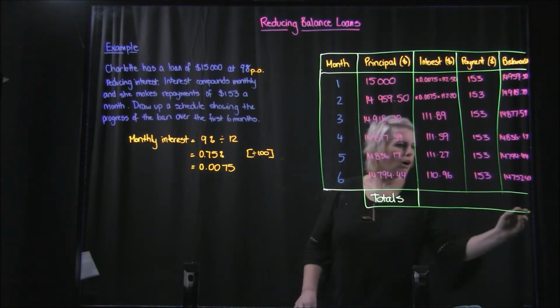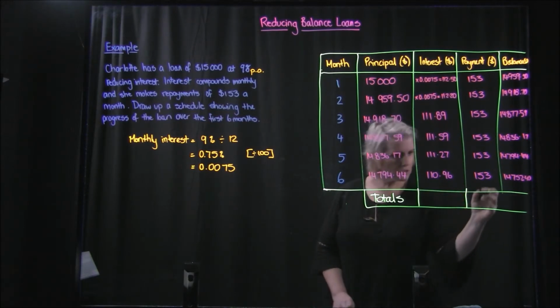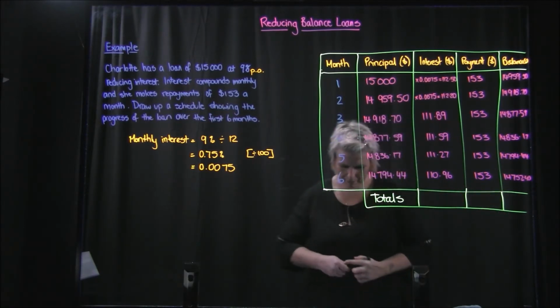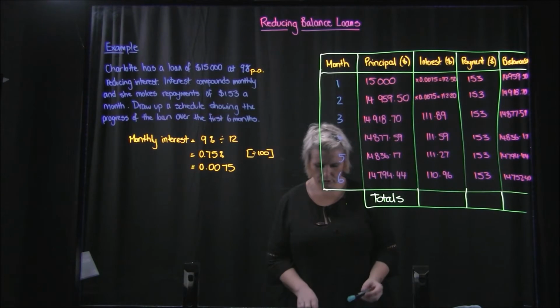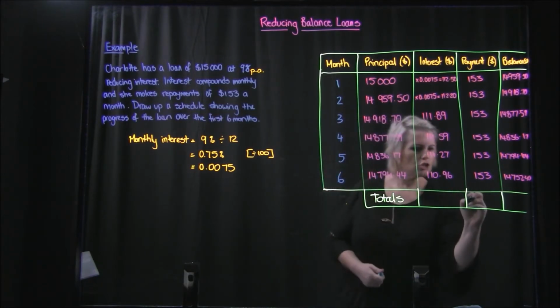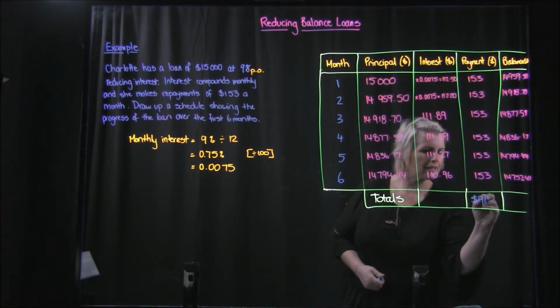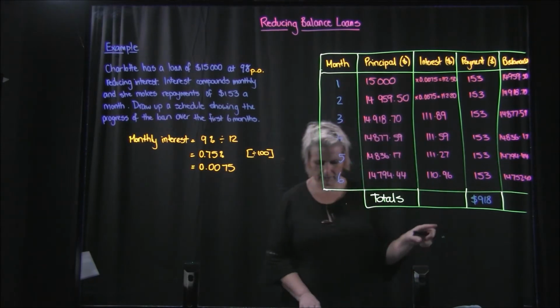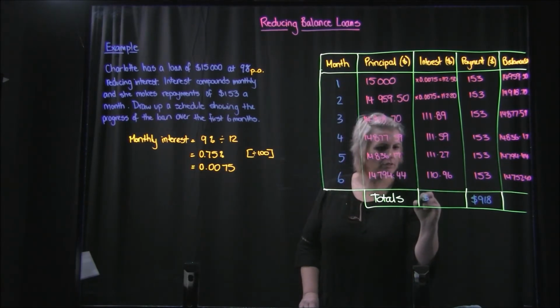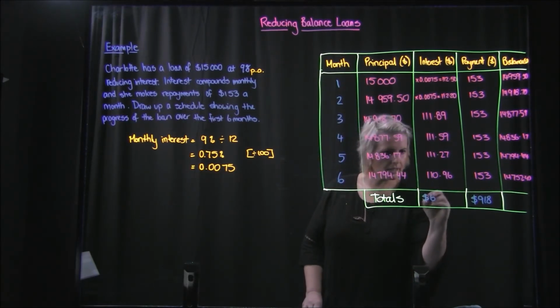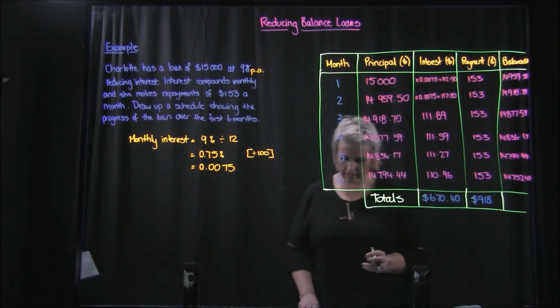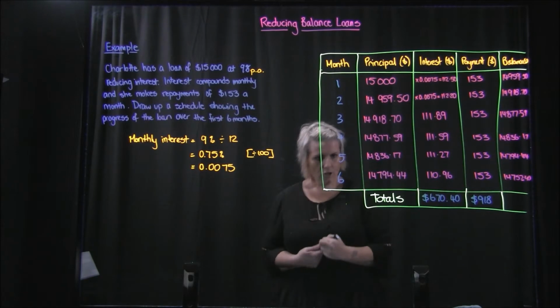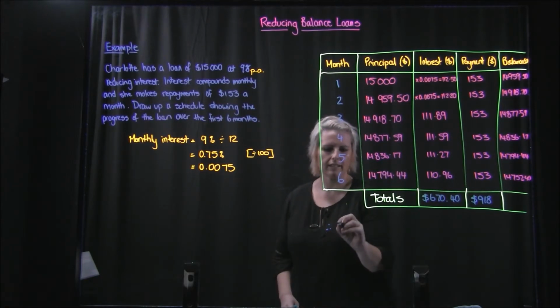So totals wise, just going to have a look at her total payments. So if I were to add up her total payments, she has paid $918 in that 6 months. But her interest was $670.40.